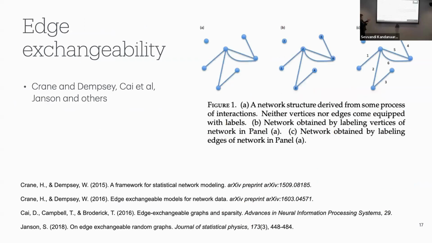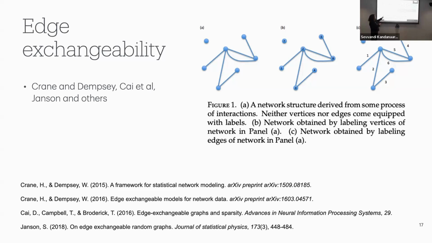Then there is this thing called edge exchangeability, because all these graphs have this property, what's called exchangeable. The vertices, you can exchange them. And they say the distribution is the same if you exchange the vertices. But here, in Crane and Dempsey's paper, they say we get a graph like this. This is the graph we get.